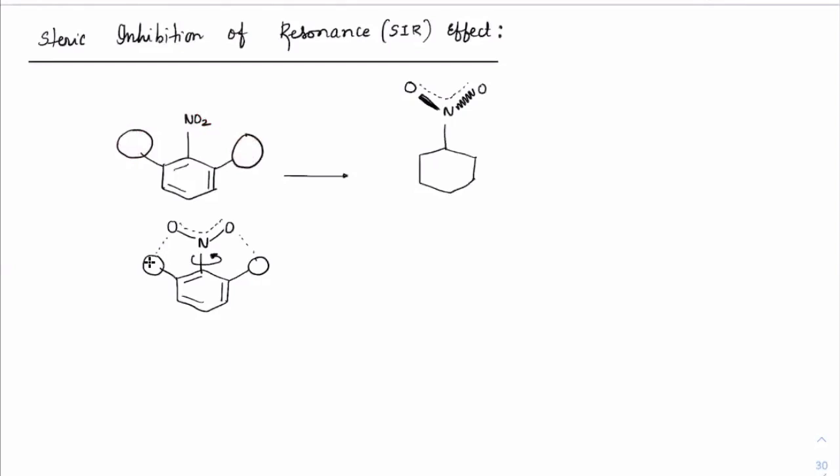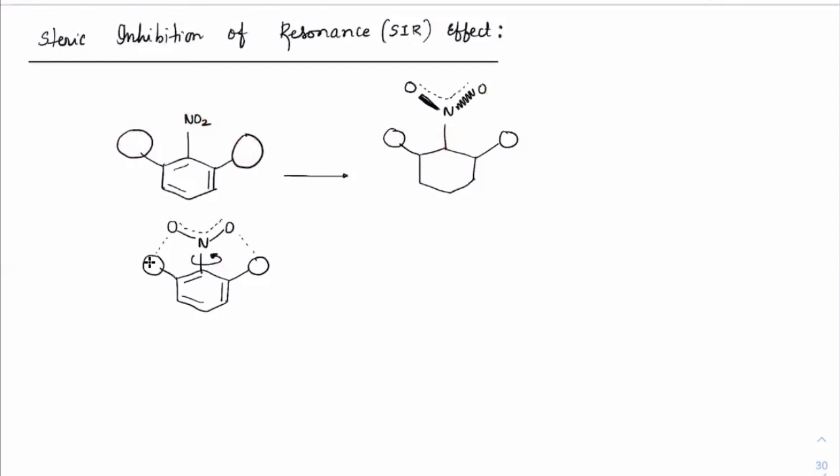And these two bulky groups are here. Just to avoid the repulsions between these two, this bond has rotated to this point. So what happens if the bond rotates?